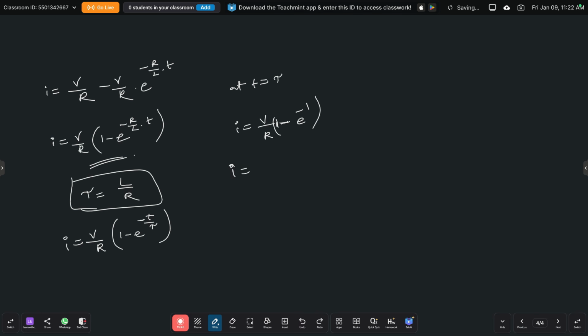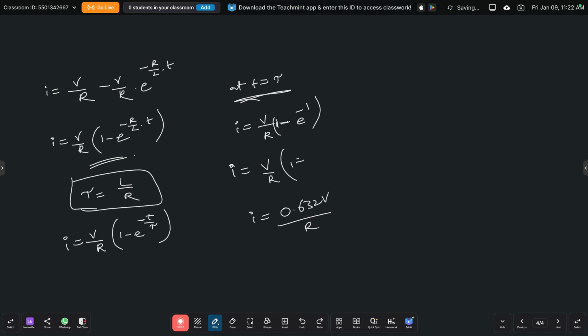So then we get the I value: I is equal to V by R into 1 minus e power minus 1, which becomes I is equal to 0.632 V by R when t is equal to tau.